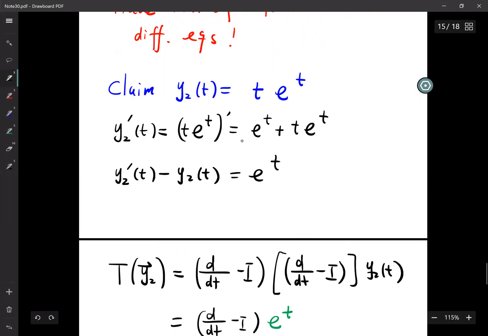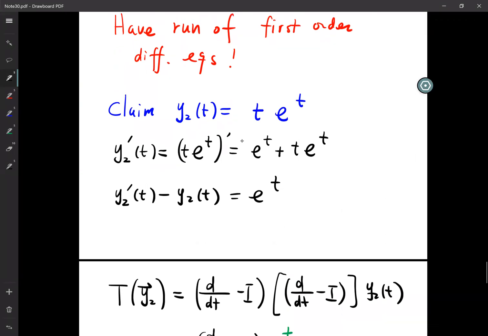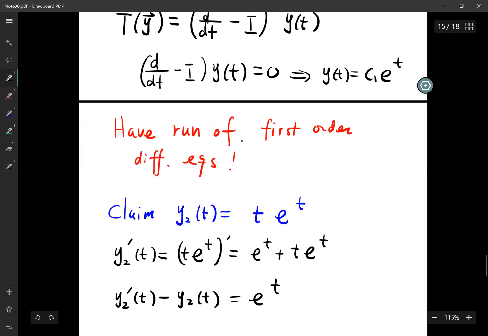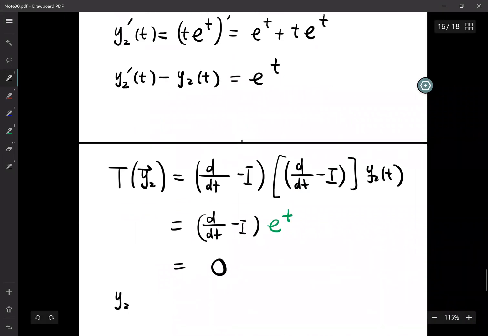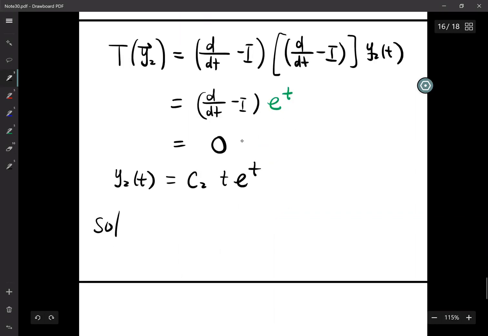And obviously this solution is linearly independent from the first solution. So we have y2(t) equals c2 t exponential t. So the solution set to the homogeneous problem is c1 exponential t plus c2 t times exponential t. Any question?